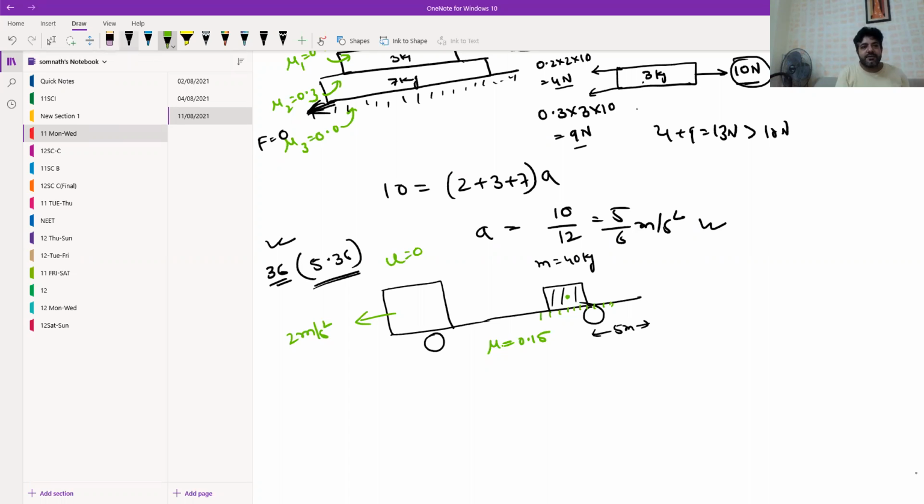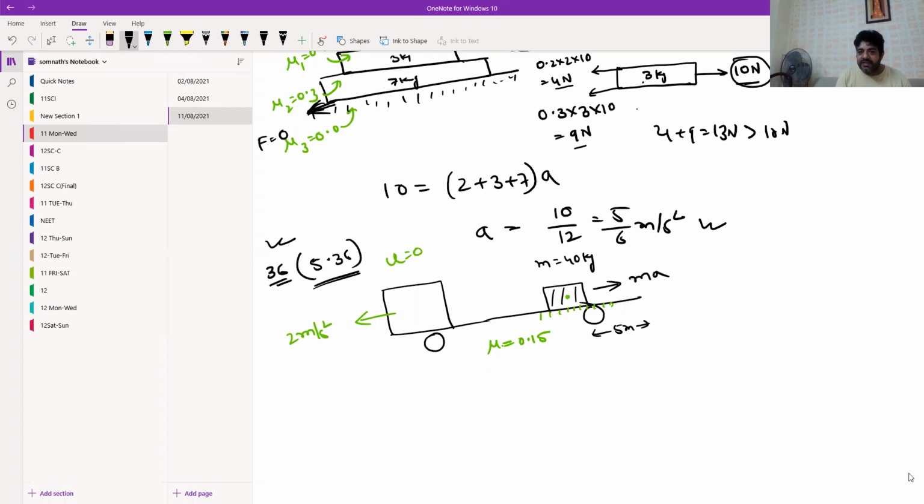Yes, sir. So see, as the block moves forward, we know from the non-inertial frame of reference, if a system is moving with a constant acceleration, that is called a non-inertial frame of reference, and a force is applied in the opposite direction of the motion.